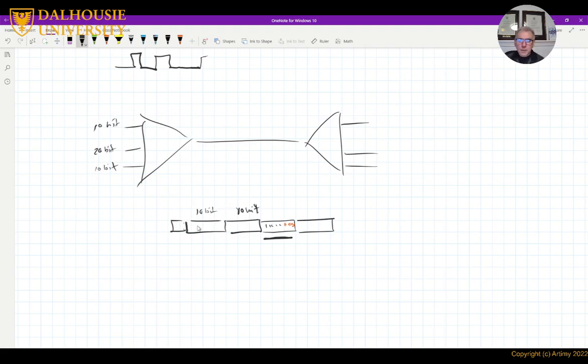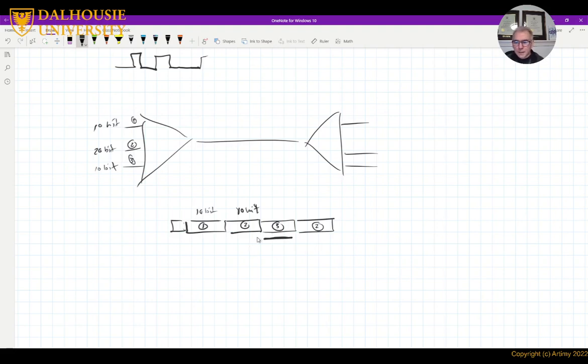Well, we can simply say this is allocated to station 1, and station 2 is allocated these 2 slots, and station 3 is allocated this slot here. So we are allocating one station 2 time slots.